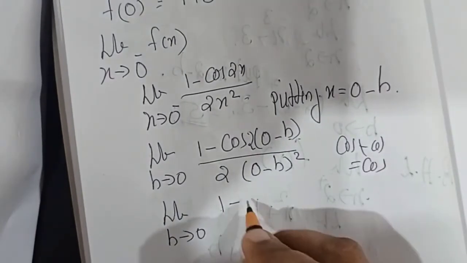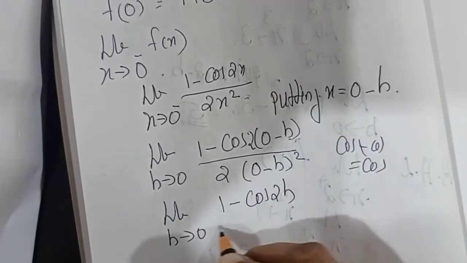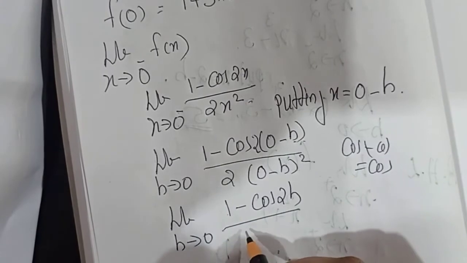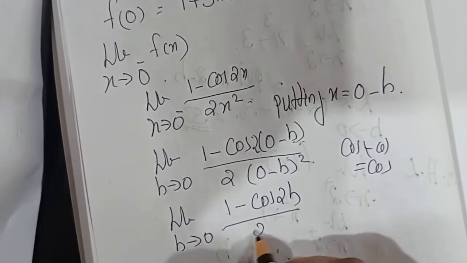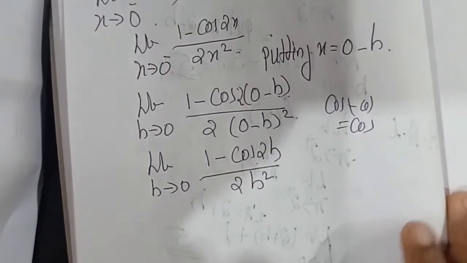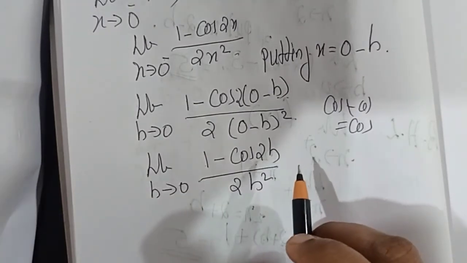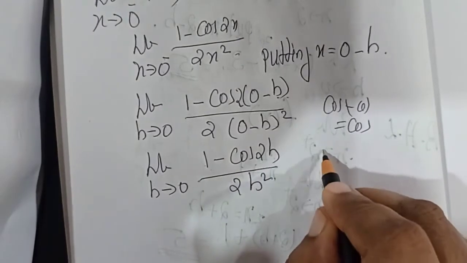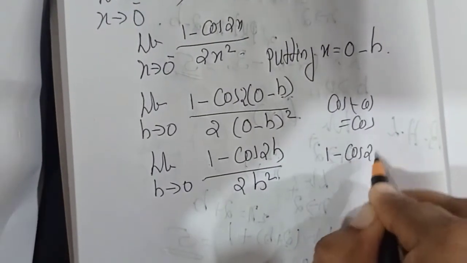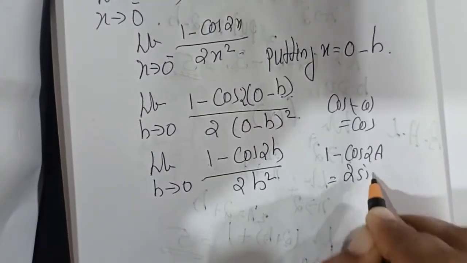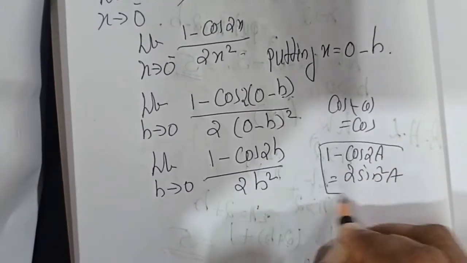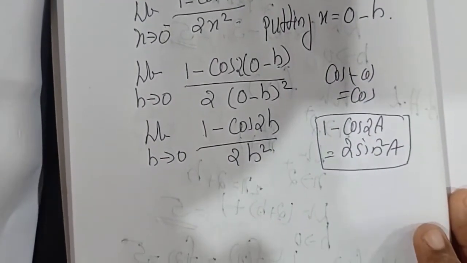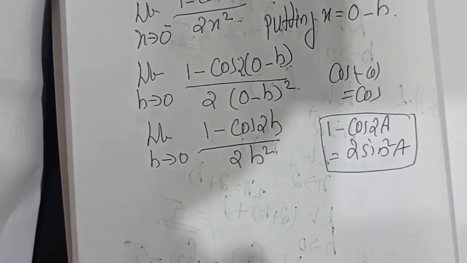Therefore, we can write (1 minus cos 2h) by 2h square. From trigonometrical relation, can you say what is the formula? 1 minus cos 2a, we know, is 2 sine square a. Apply that formula: 1 minus cos 2a means 2 sine square a.